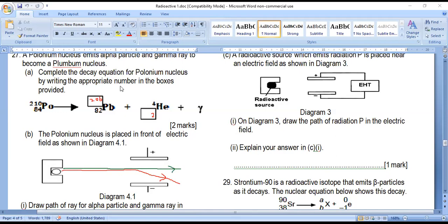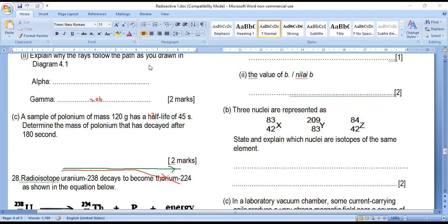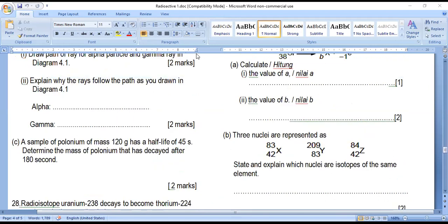Explain why. You say alpha is positively charged. Gamma has no charge. Okay. C we haven't learned yet, so we just leave it for a while.